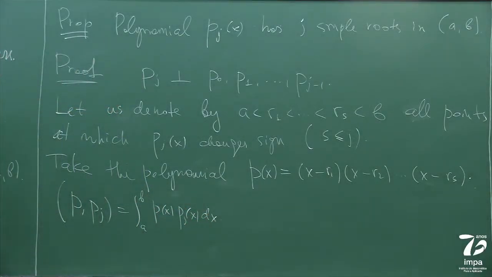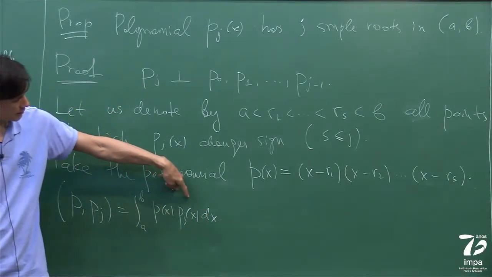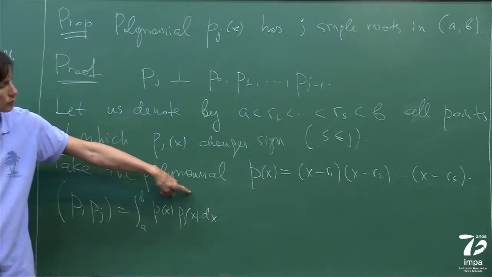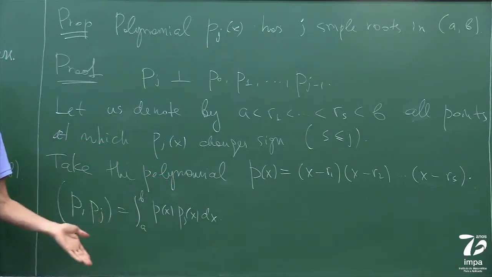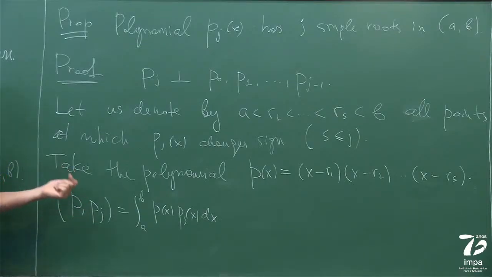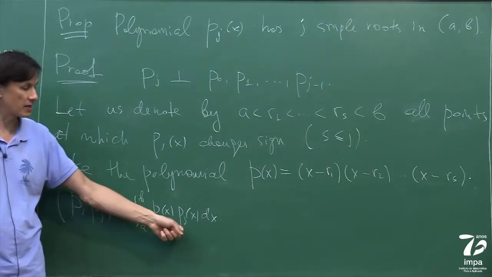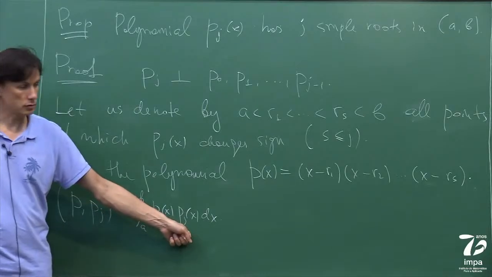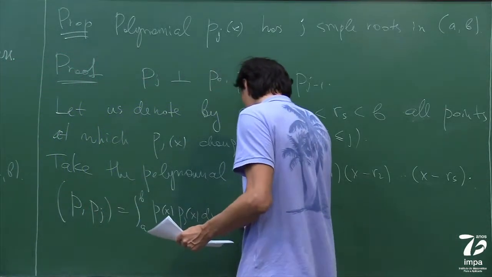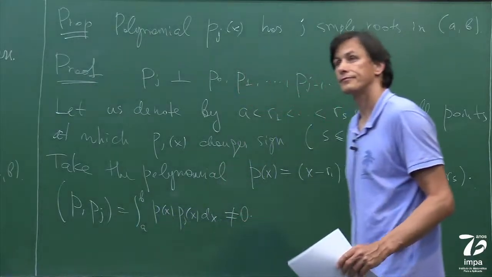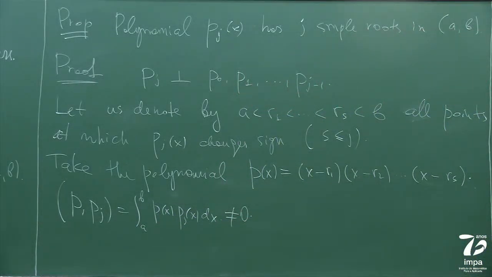They both take 0 at the same points, and in between the points they have the same sign. So it's certainly not 0, because the product is either 0 or has the same sign everywhere, and it cannot be 0 everywhere. So it's a certainly non-zero quantity.